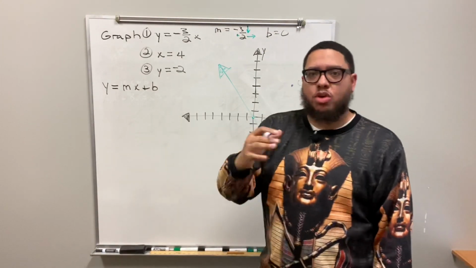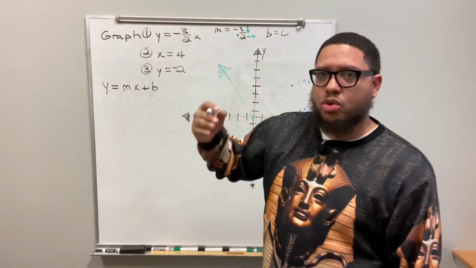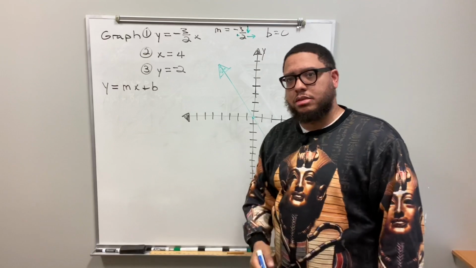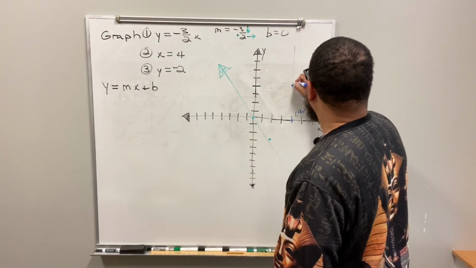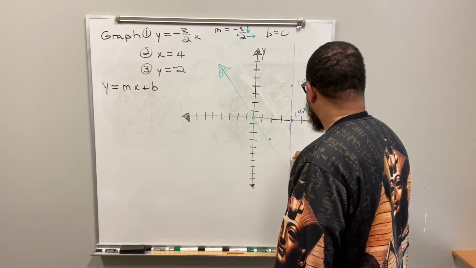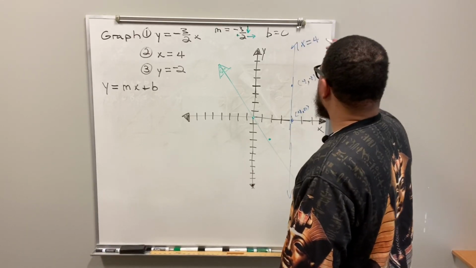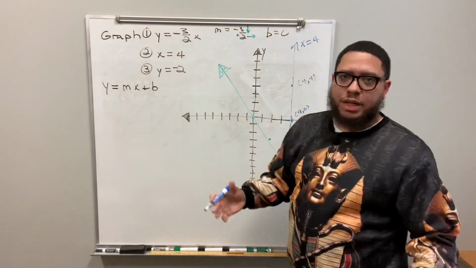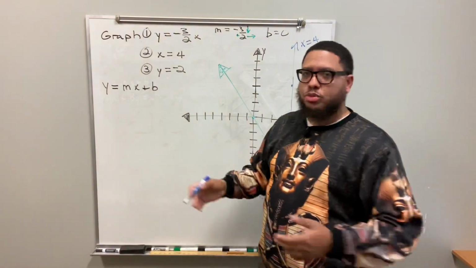So whenever you see an equation where you have x equal to a number, it's a vertical line and it goes through that number on the x-axis. All right? So let's draw this. That's x equals 4. So just try to remember that. That's another special case linear equation that you will have to graph.